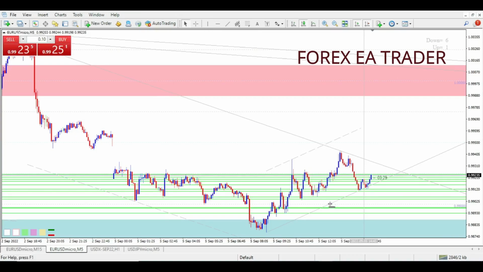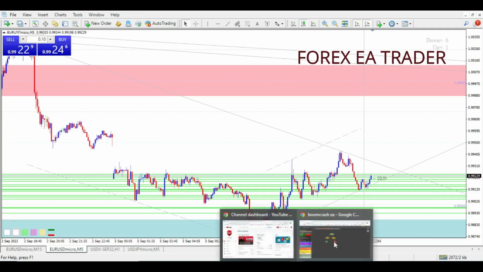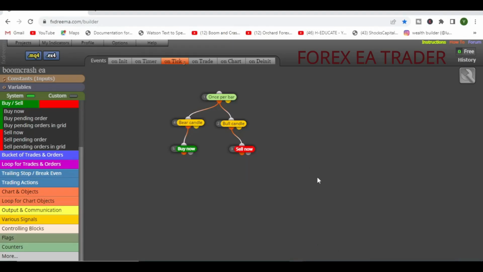But this is how it's probably going to look if we plug the robot in, and it's going to go on and on until we reach this level. Then you can stop the robot, close out all these trades and bank your money. So that's the gist of the strategy, and this is how you can turn it into a robot.